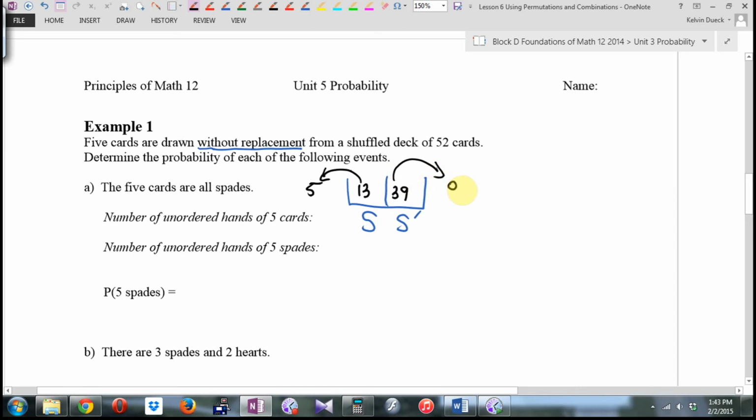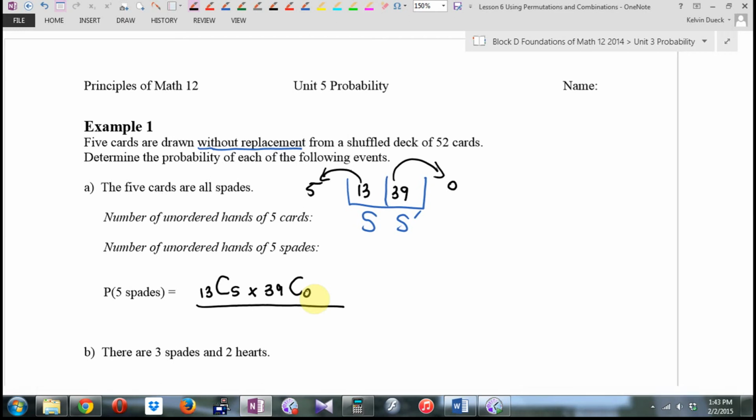So this is a probability question. The top is going to be from 13, choose 5, and from 39, choose none. That's how many ways there are to pick 5 spades. To turn it into a probability, I have to divide it by how many ways there are to pick 5 cards.